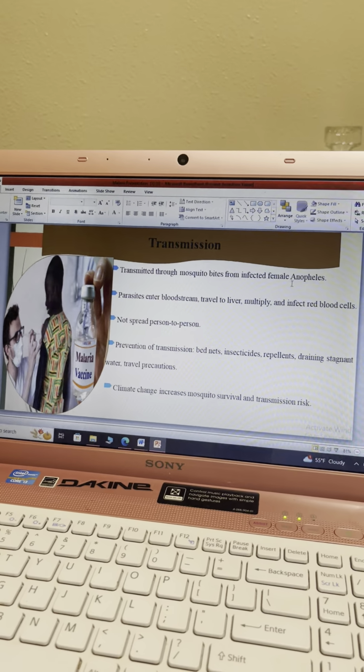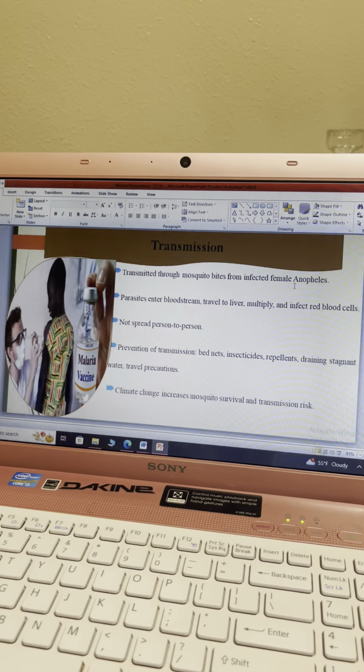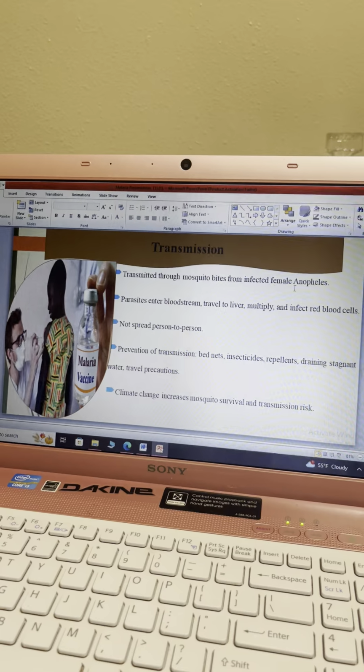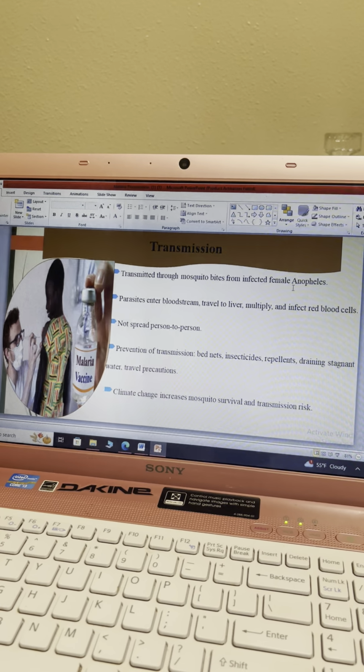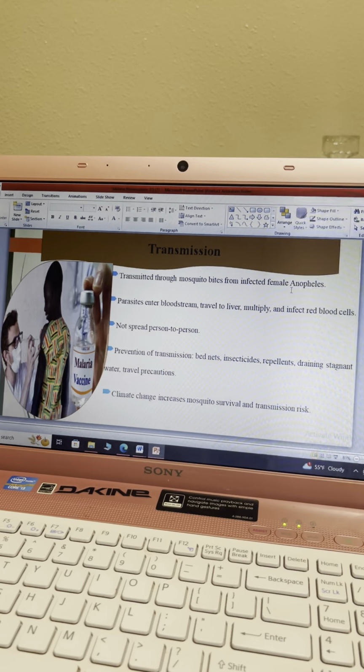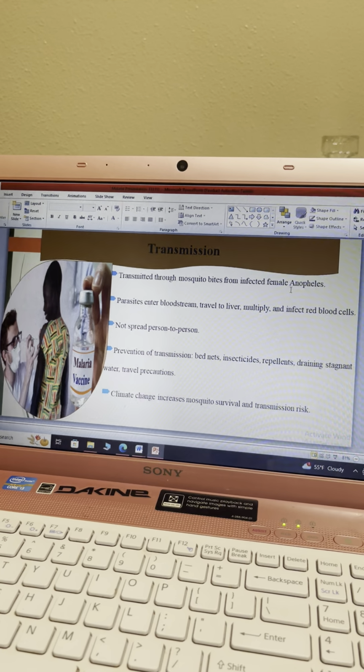Transmission. It is transmitted through mosquito bites from infected female Anopheles. Parasites enter the bloodstream, travel to the liver, multiply, and infect red blood cells. It is not spread from person to person.